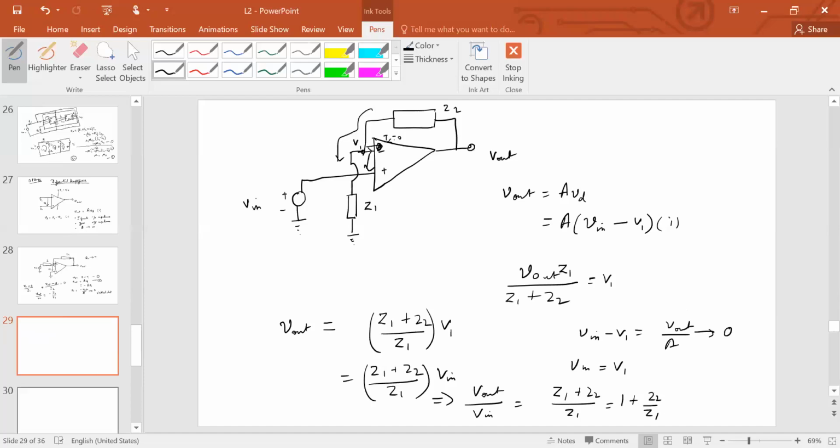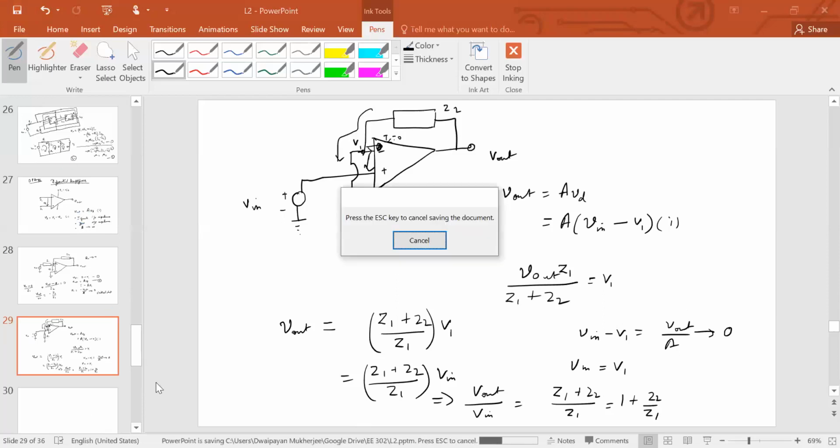So this is the transfer function of an ideal op-amp over a non-inverting input. Okay, when the operation is over a non-inverting input.